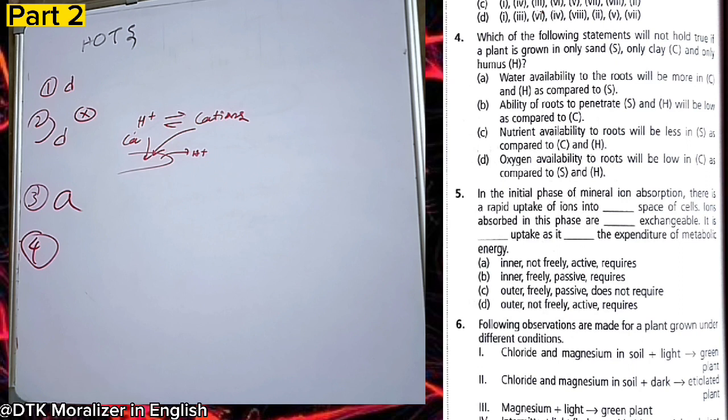Nutrient availability to roots will be less in sand as compared to clay and humus. Oxygen availability to roots will be low in clay as compared to humus.